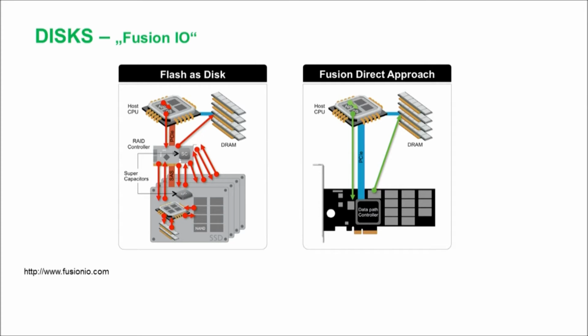Fusion IO is actually just a brand name, but this means a solid state. Normally the limitation of a solid state is the bus, the SAS bus, which has a throughput of 600 something megabytes. And these Fusion IO cards are plugged in via the PCI Express bus. And that one has a throughput of 1,500 megabytes.